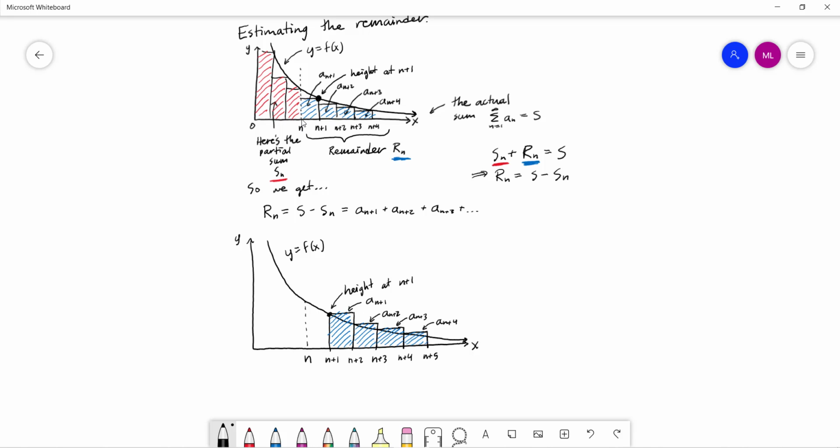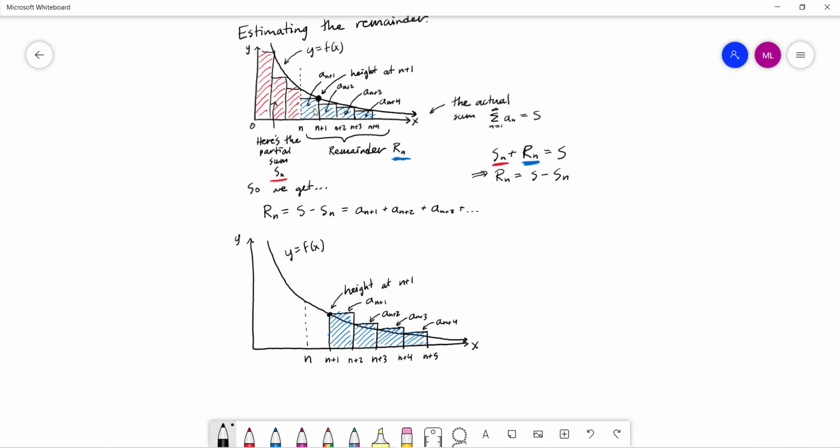This area had a width of 1 and a height of whatever the value is at n plus 1. So what we're calling a_{n+1}. Same thing here. The width of this first rectangle is 1, from n plus 1 to n plus 2, and its height is whatever the height is at n plus 1. Height at n plus 1.